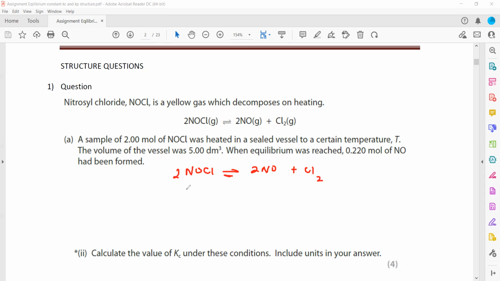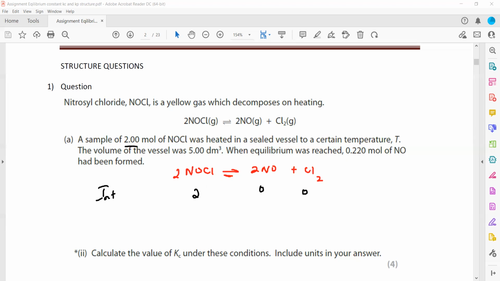In the beginning we have 2 moles, this will be 0 and this will be 0. Like initially there is no product present in the beginning. So according to the question we have 2 moles of NOCl, and as the product is not mentioned, 0 and 0.